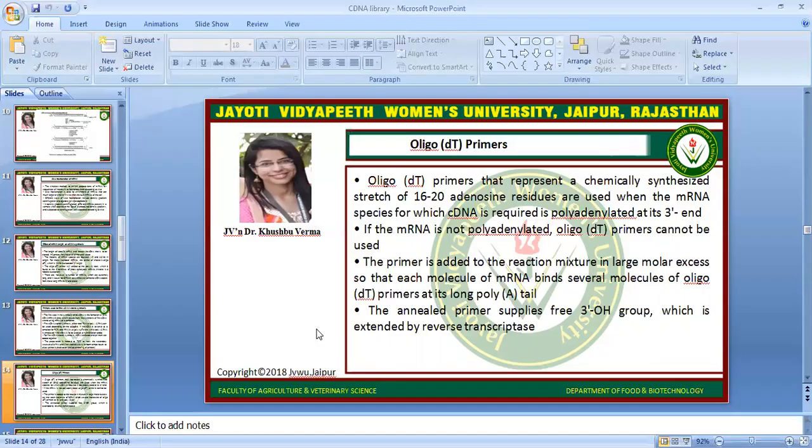The primer is added to the reaction mixture in large molar excess so that each molecule of messenger RNA binds several molecules of the oligo-dT primer at its long poly-A tail. The annealed primer supplies a free 3' group, which is extended by the reverse transcriptase enzyme, and it can prepare the first cDNA strand.